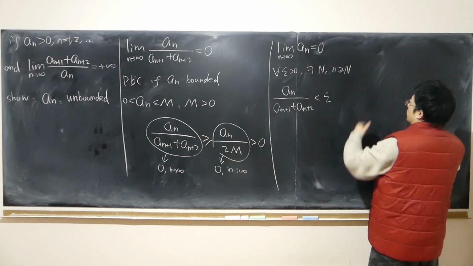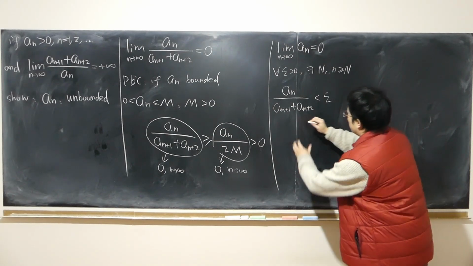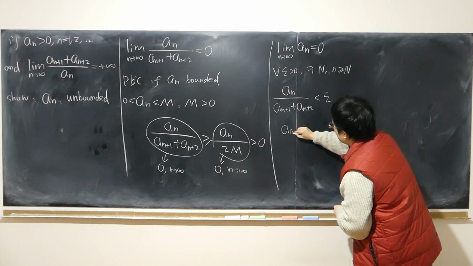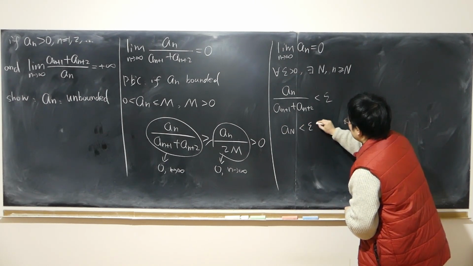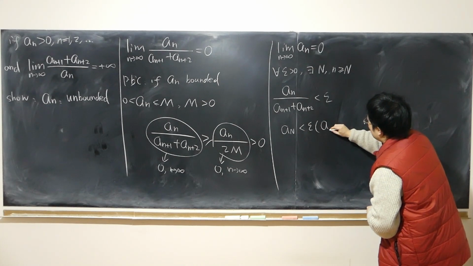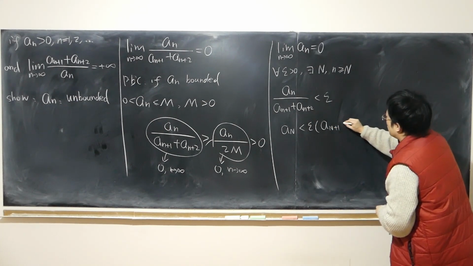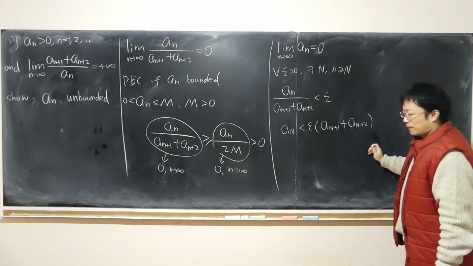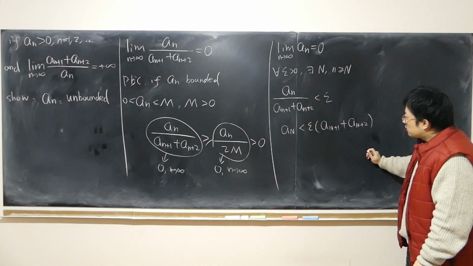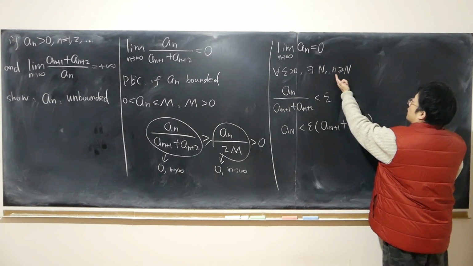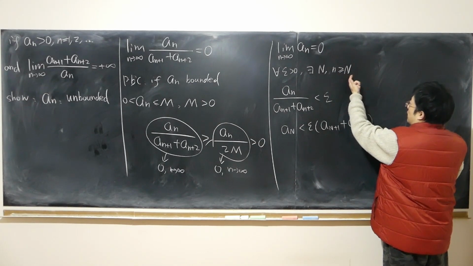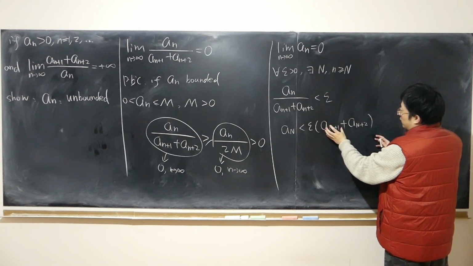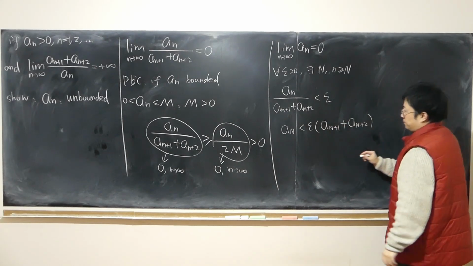Starting from capital N, I multiply this part onto that side, so I have a_N less than epsilon times (a_{N+1} + a_{N+2}). So as long as little n is bigger than or equal to capital N, this inequality is always true. Therefore, I can apply the inequality to this and that as well.